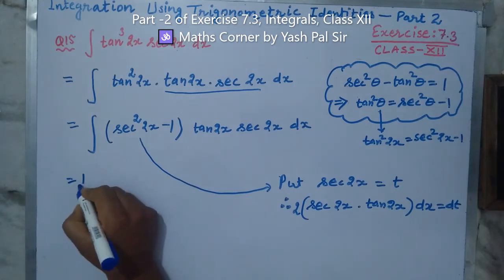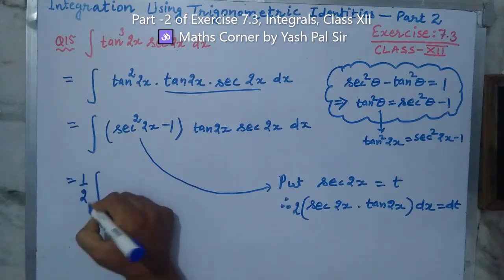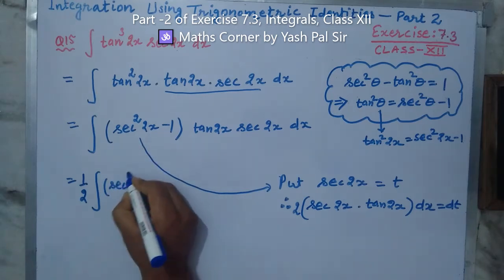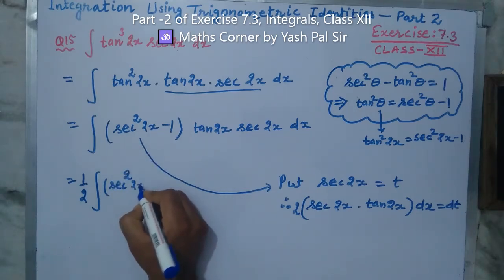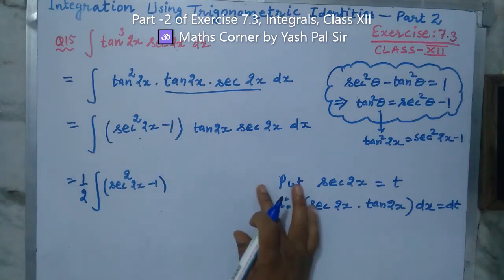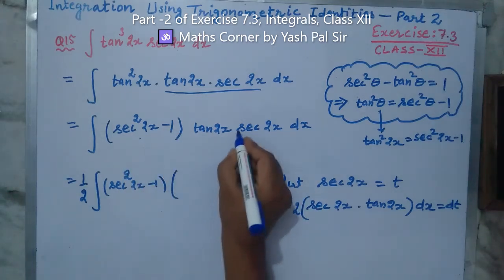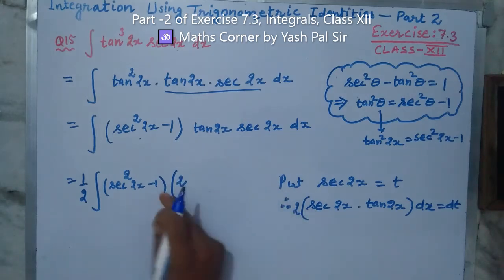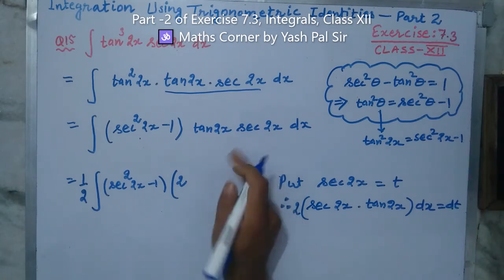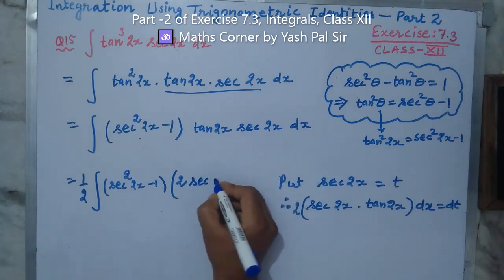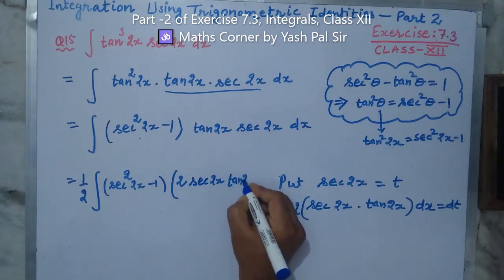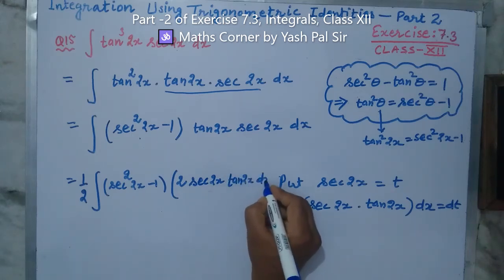So we divide by 2. Inside this is now secant square of 2x minus 1 into, we write here 2 because 2 is divided here, 2 is multiplied inside. Writing secant 2x before tangent of 2x into dx.